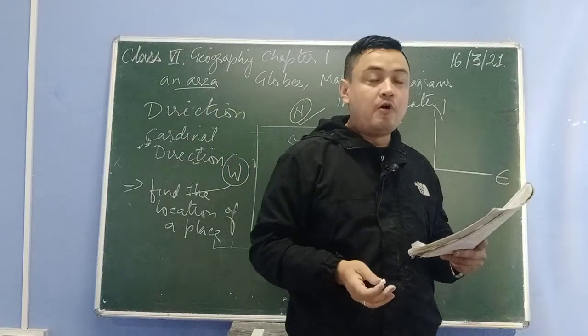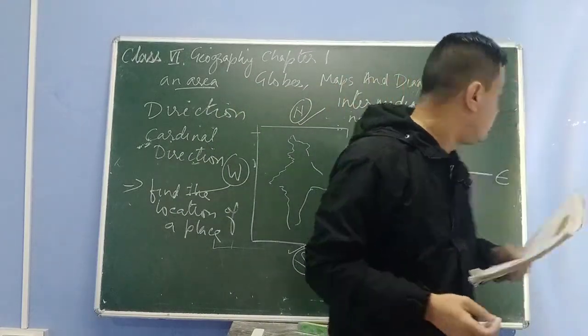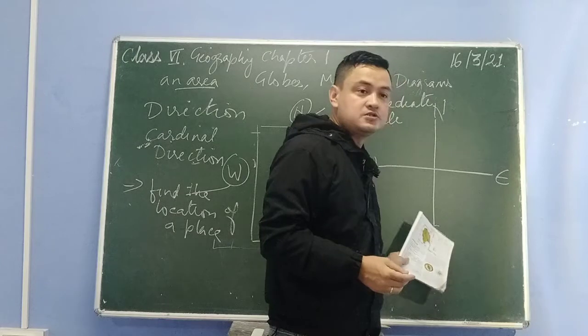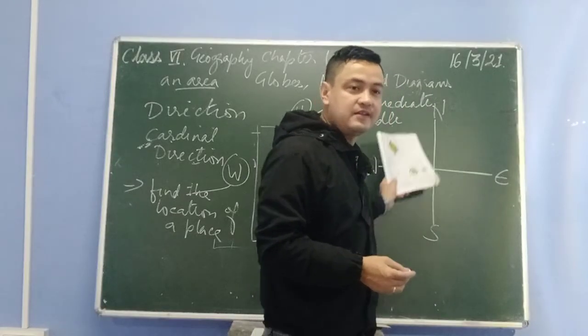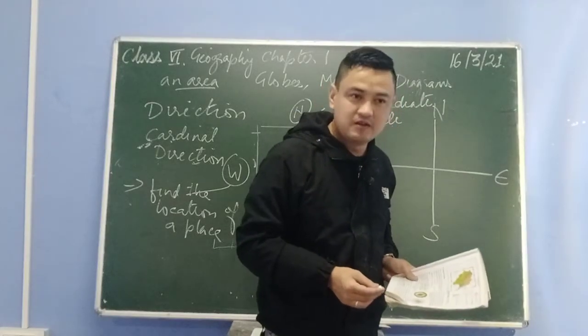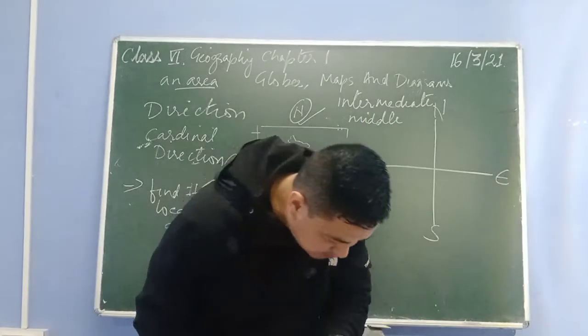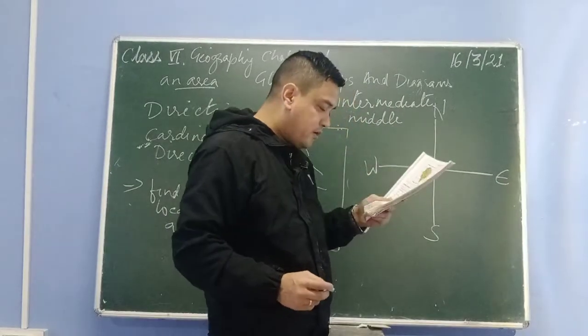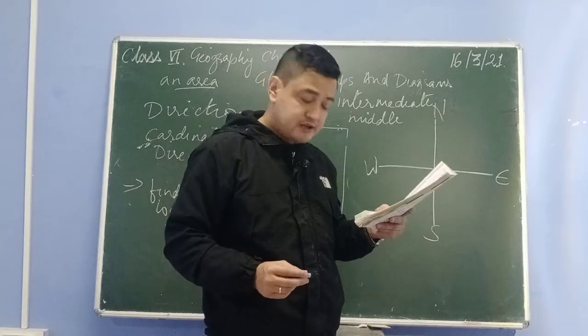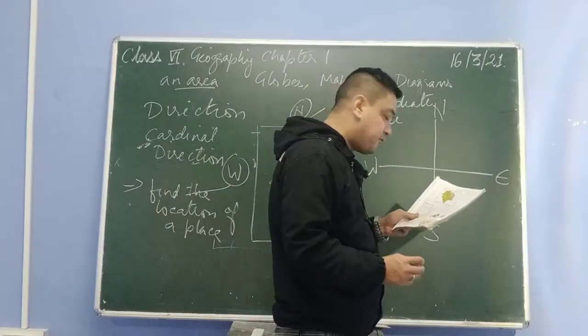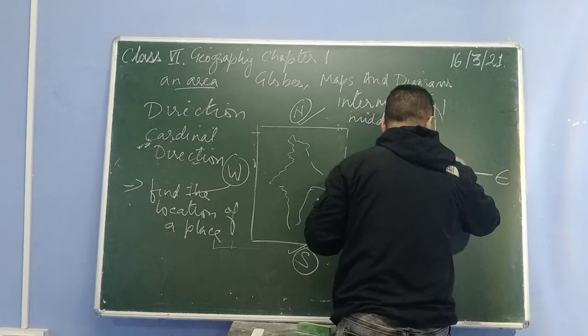They are found between north and east, east and south, south and west, west and north. So I am going to show you on the blackboard. These intermediate directions are points that you find in between, like this way.